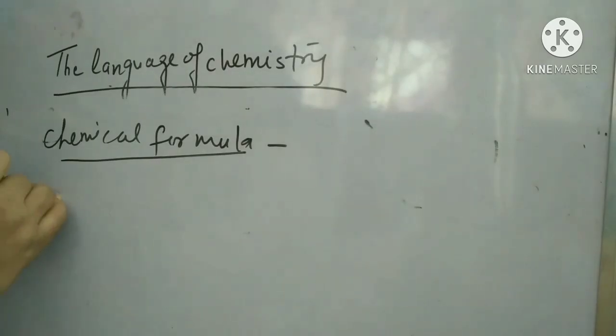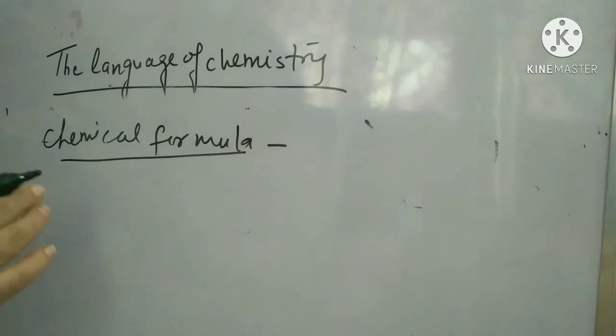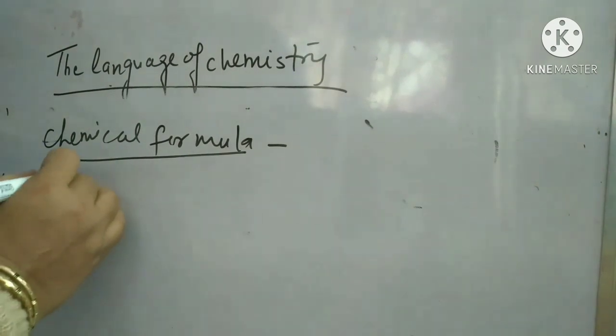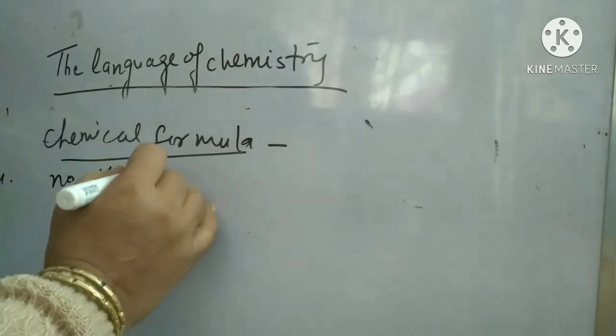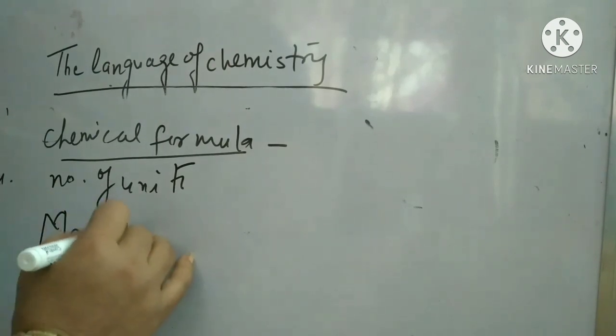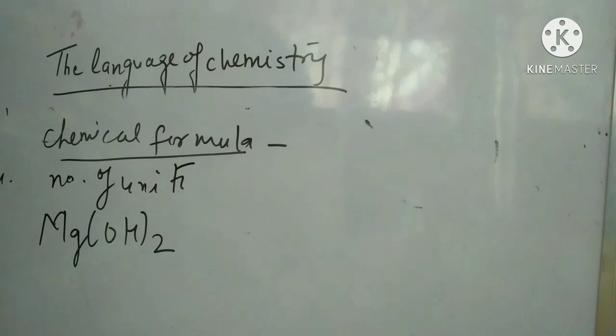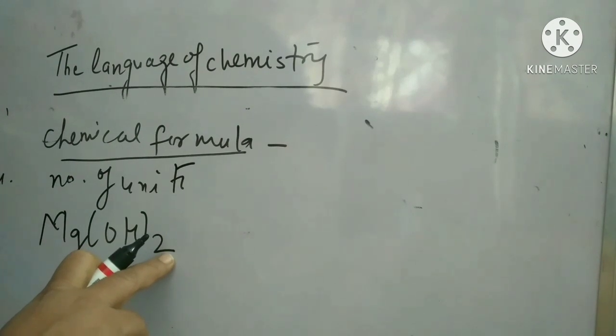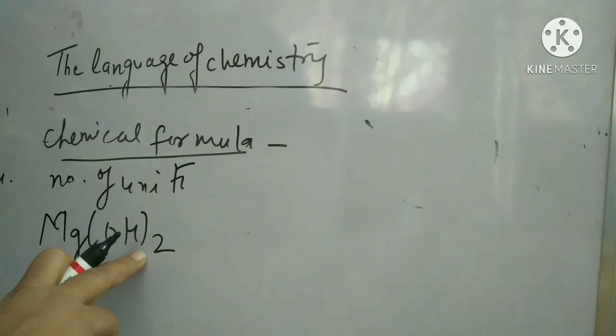Now the fourth point, a molecular formula also indicates the number of units of the radicals present in a compound with the proper subscript outside the unit of the radical. Now, if magnesium hydroxide is there, so now this 2, it is the subscript which is outside the unit of radical.